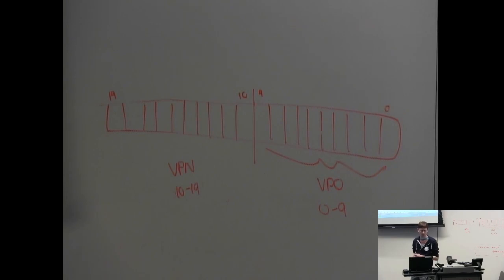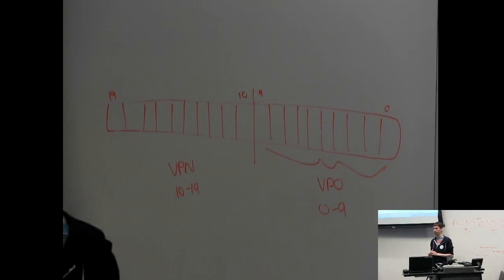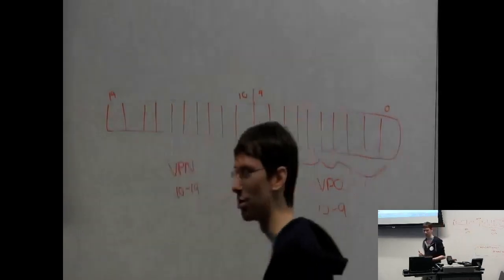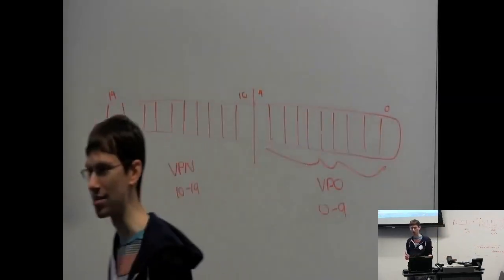Now we need to figure out which bits are used for the index and which bits are used for the tag. If we have 8 sets, how many bits do we need for the index? Very similar to what you did before. 3. Yeah, just log base 2. Anytime you need to address n things and you need to know how many bits you need to do it, it's log base 2 of n.